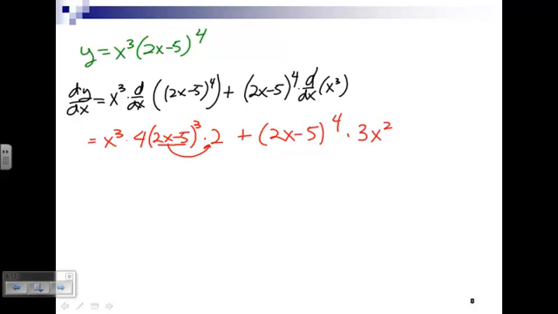We won't expand, but we will get all of our coefficients down to some. I don't take the 2 out. When I'm taking the derivative of this, to the fourth power is my outside function, and 2x minus 5 is my inside function.